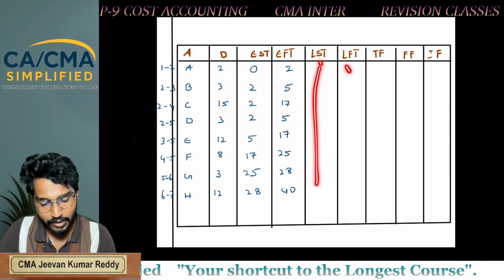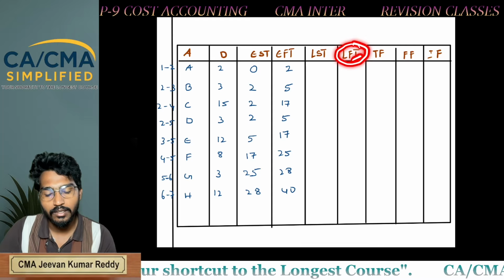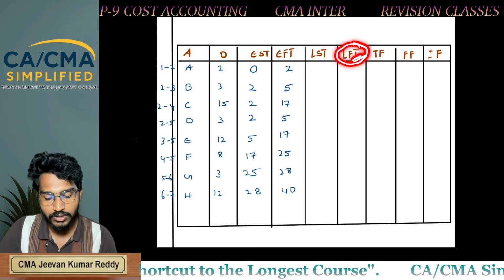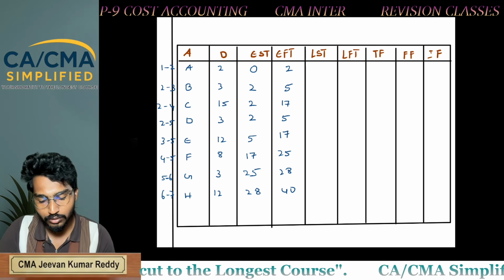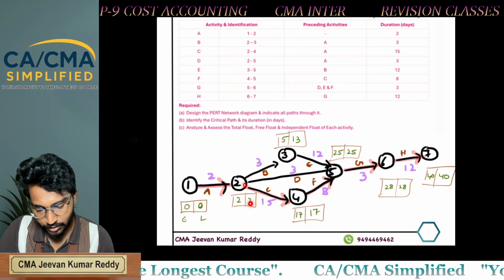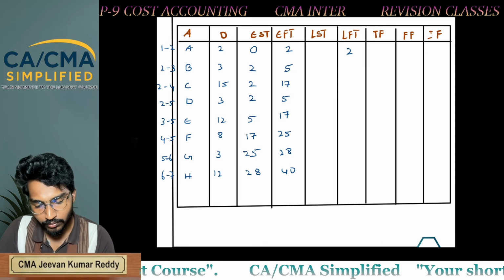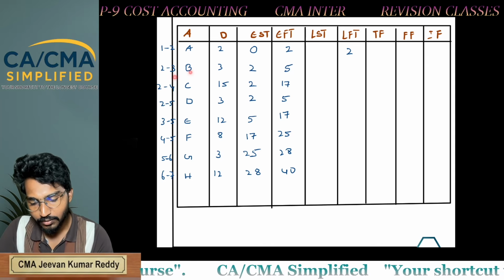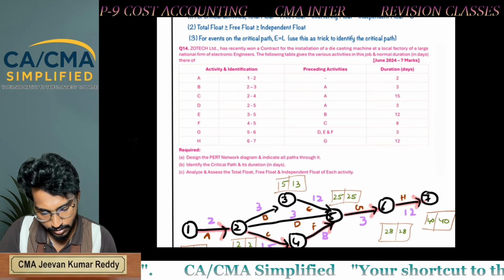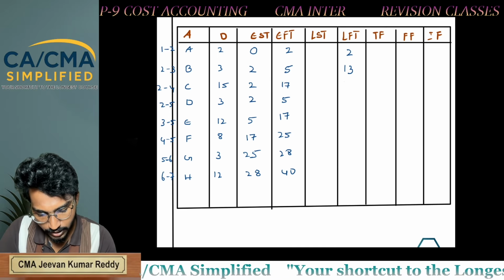Next, don't go with LST first. Calculate LFT. What is LFT? To know about LFT, see the head event L. So for A, what is the head event? 2. At 2, what is L? 2. For B, what is the head event? 3. What is L at 3? 13. For 4, it is 17.